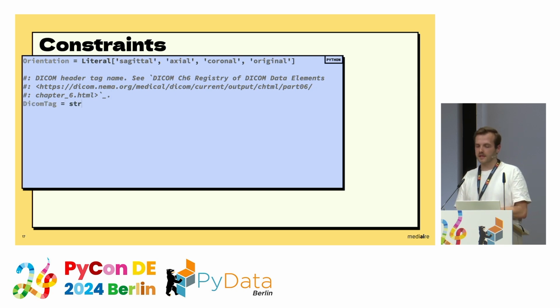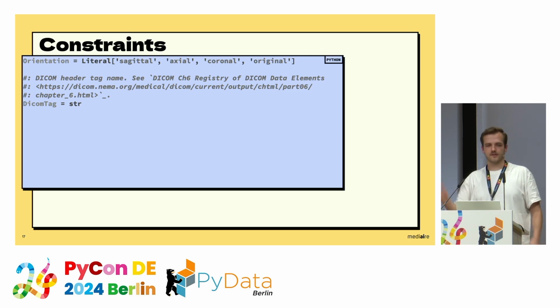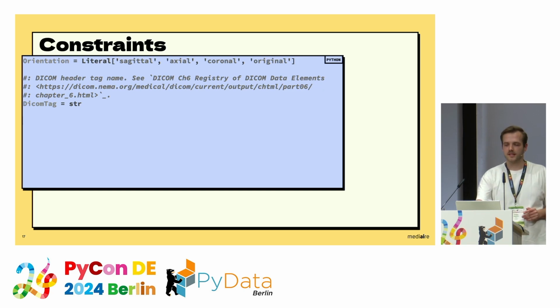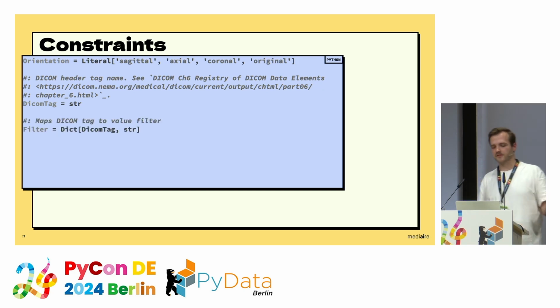So for example, DICOM is a medical file format, and we have a tag type that I'm just aliasing to string. So I'm not really getting anything more out of it, but now I can construct dependent types that feel much more semantic. In this case, a filter is a map from a DICOM tag to a string, that is much more expressive than dict string to string.